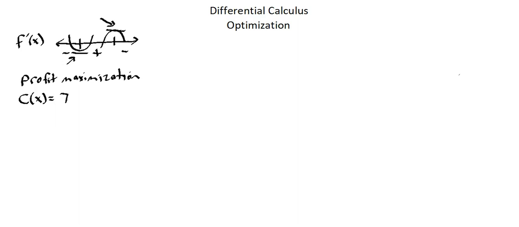The cost function is 720 plus 4x plus 0.02x to the power of 2 dollars. For a given number of units produced, I'll have an output of the total costs associated with that number of units.